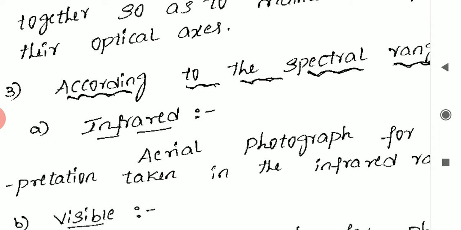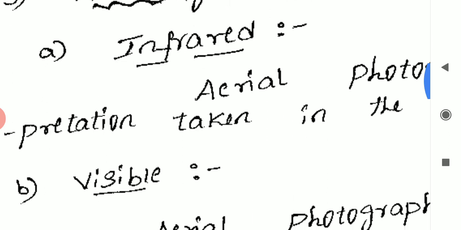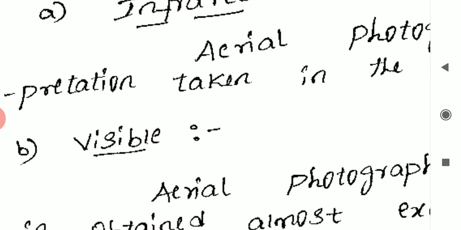Okay, first one according to spectral range: infrared. Infrared means how it will take photographs in these cases. See here, aerial photographs for photographic interpretation are taken in the infrared, and in these cases the range is 0.2 to 0.9 micrometer.